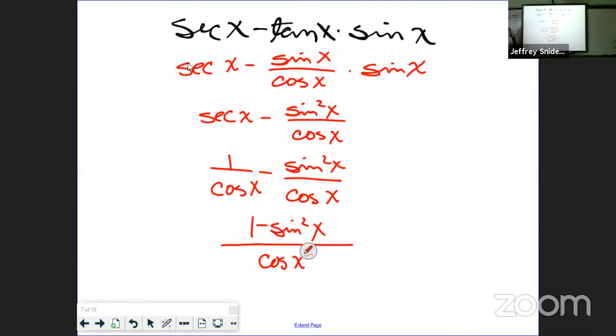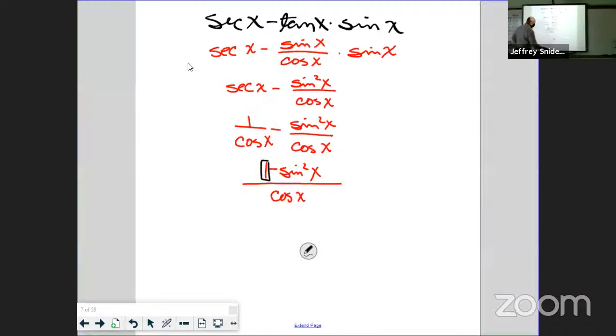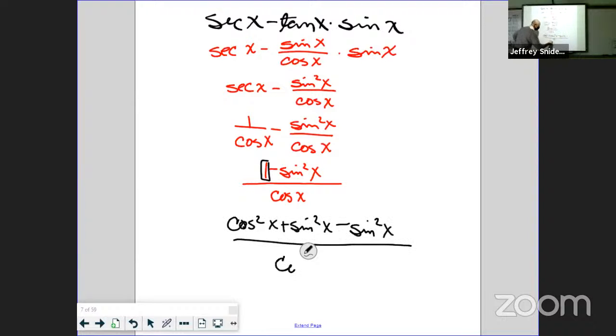This number 1 is equivalent to what trig identity? What trig identity has 1 in it? Cosine squared plus sine squared. Then minus that sine squared x over cosine x.